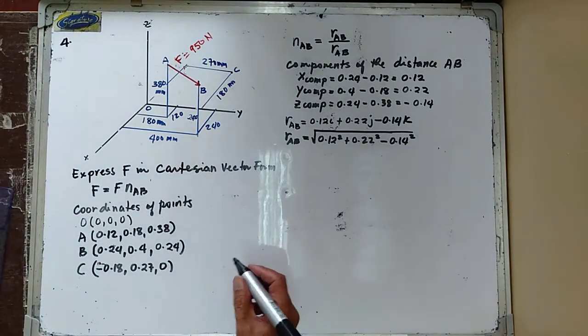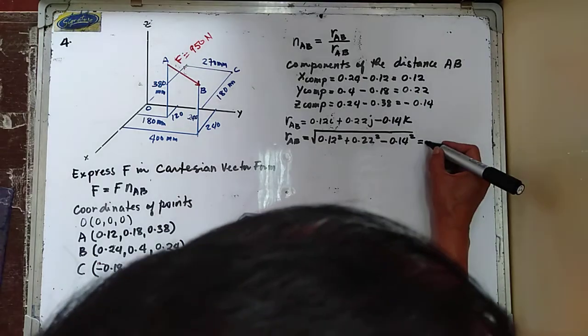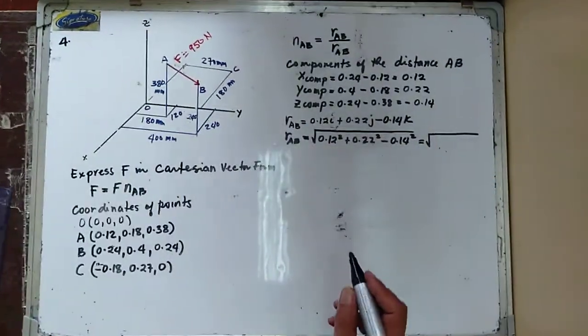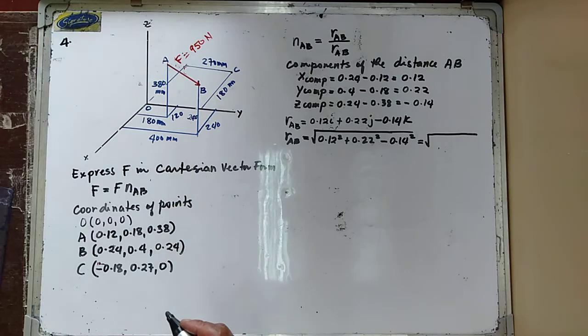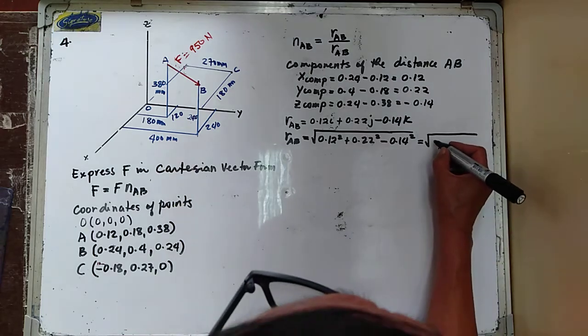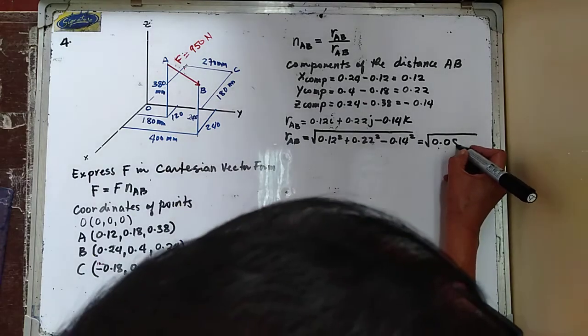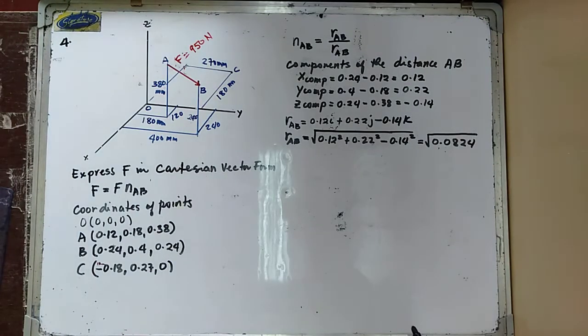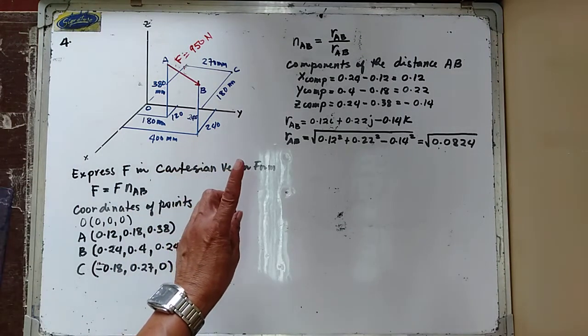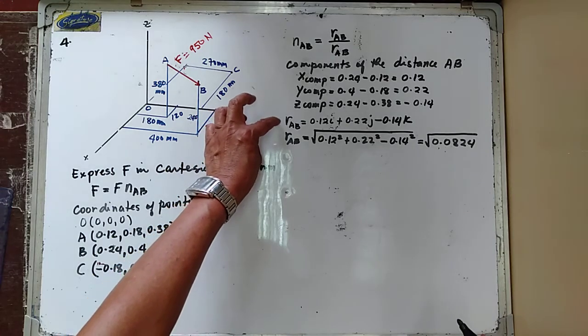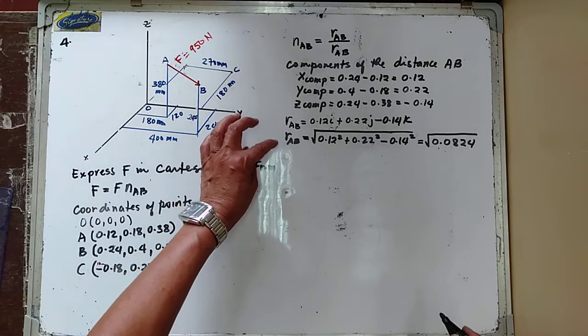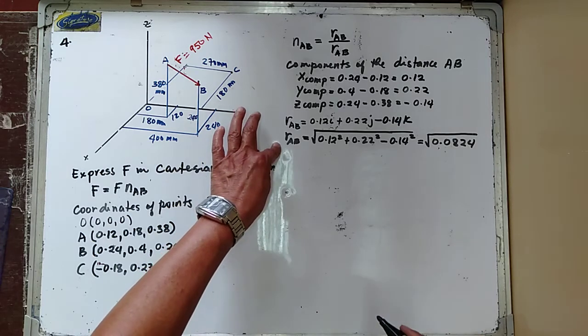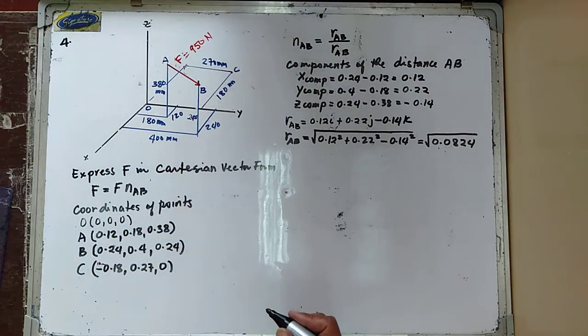And this is equal to the square root of 0.0824. Knowing now the vector distance AB and its corresponding scalar value, we're now ready to determine the unit vector AB.